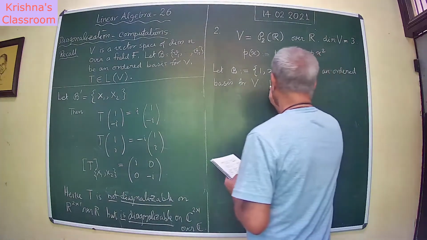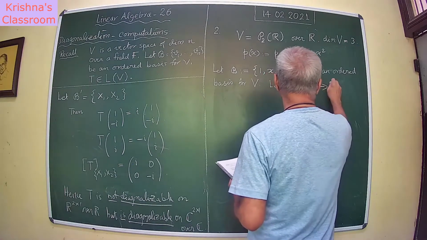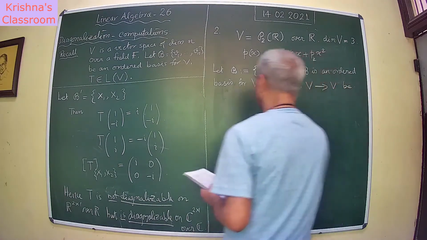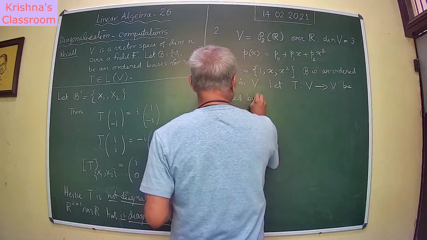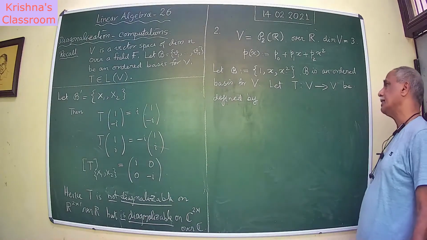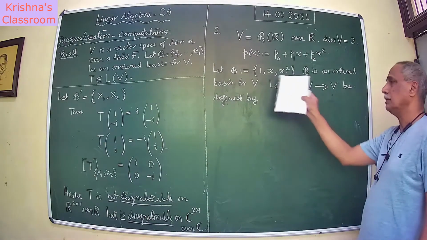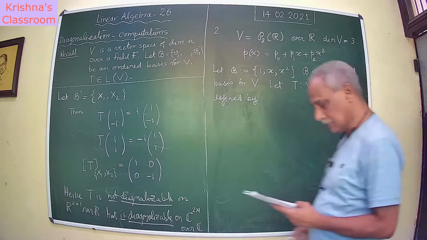Now let T from V to V be defined by, see, you need to say what it does on the ordered basis. So then T is completely defined.